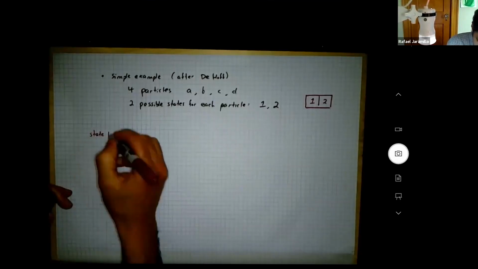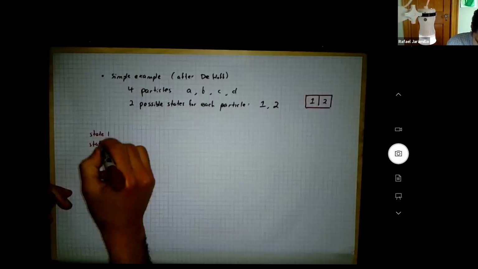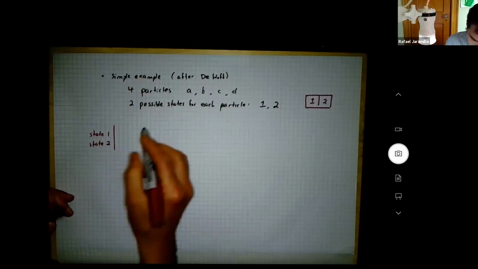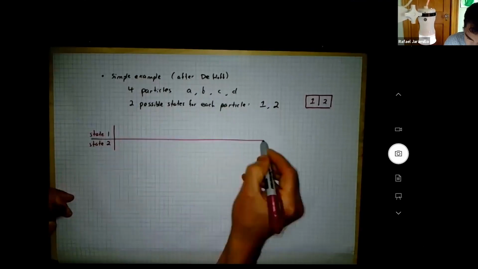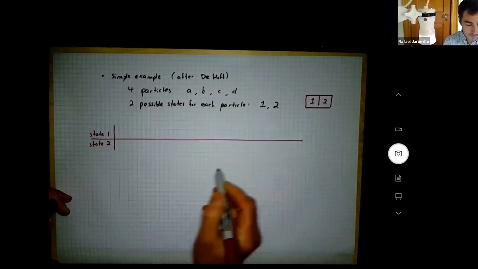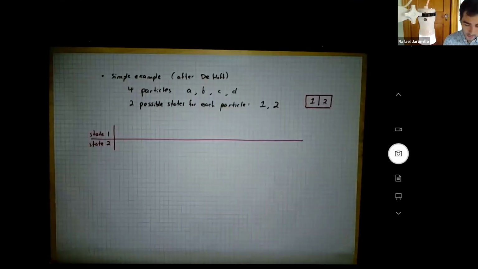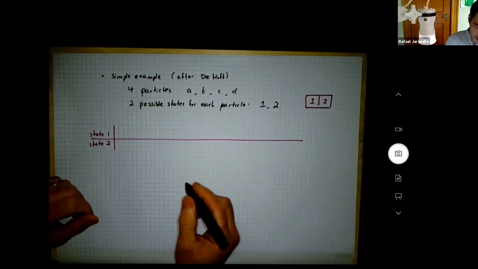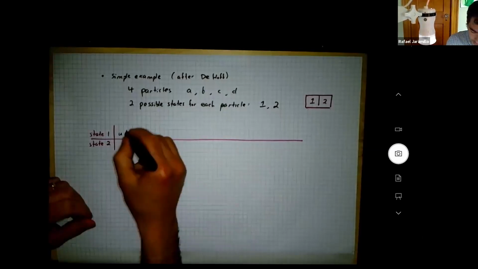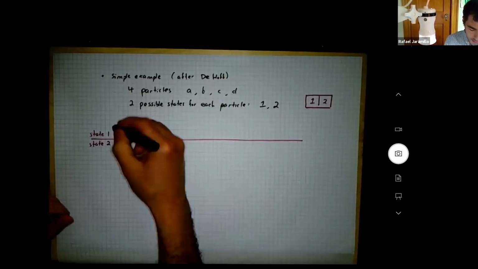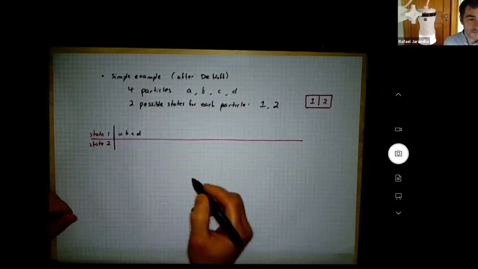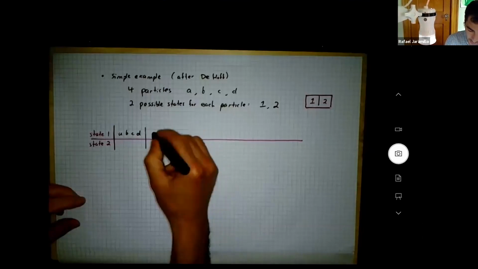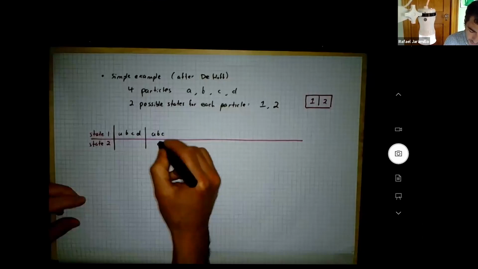Here's state 1, state 2. Okay, so we can have all the particles in state 1. We can have 3 particles in state 1.